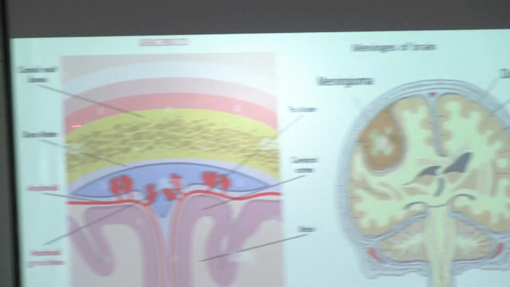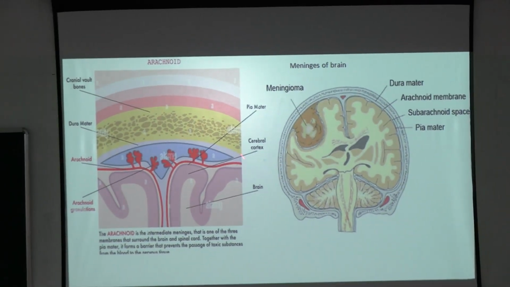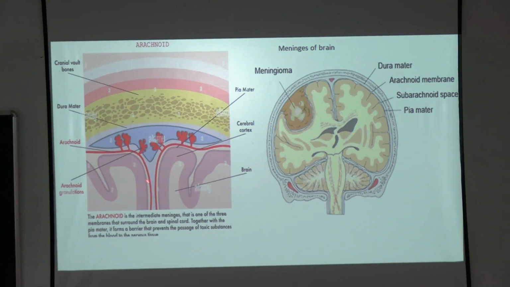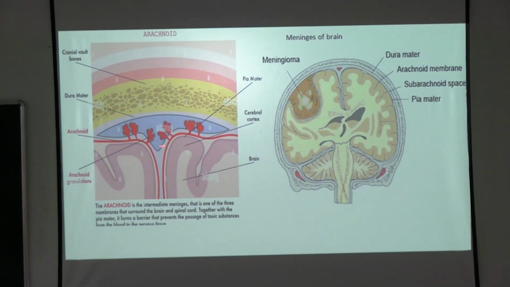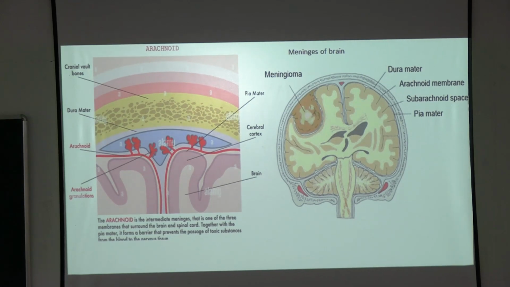And the cell of origin is the meningothelial cells from the arachnoid matter. So, this is the dura matter, that is the bones, this is the dura, this is the arachnoid, and this is just covering the brain. So, the tumor arising from here is the meningioma.